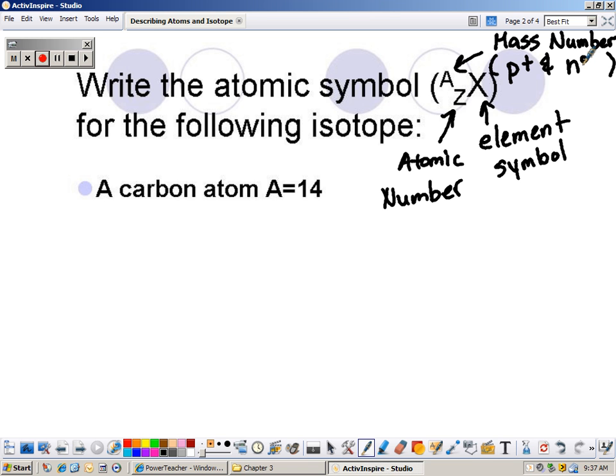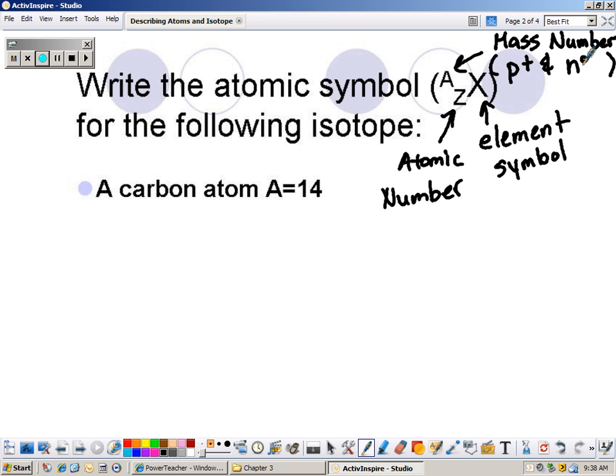The little p plus means protons and the little n0 means neutrons. That's why we had to subtract when we wanted to find the neutrons. We had to subtract the atomic number from the mass number, because you're subtracting the number of protons, and that leaves you the number of neutrons.